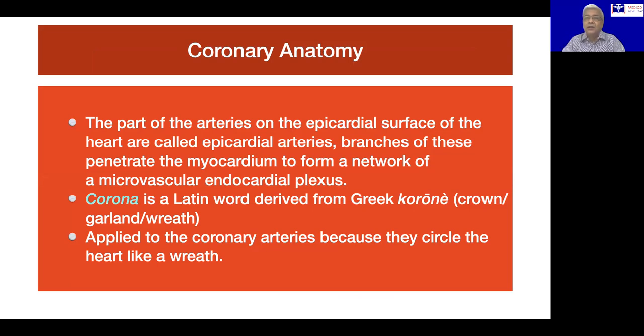They have branches which penetrate into the myocardium and form a network of microvascular structure, which is the endocardial plexus. The name coronary is derived from the word corona, which is a Latin word meaning crown, garland, or wreath. It is applied to coronary arteries because they encircle the heart like a wreath.